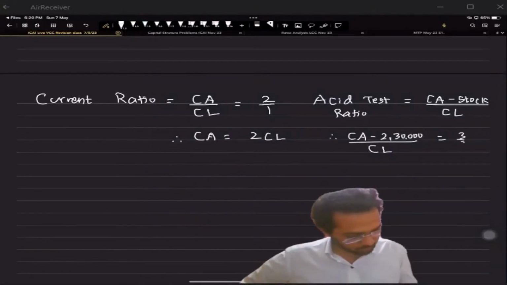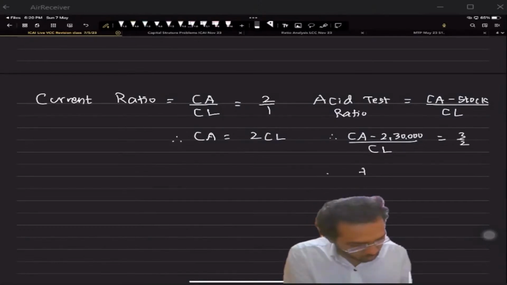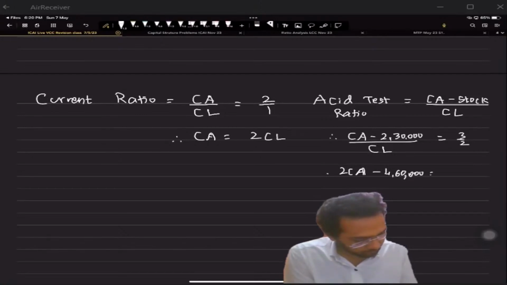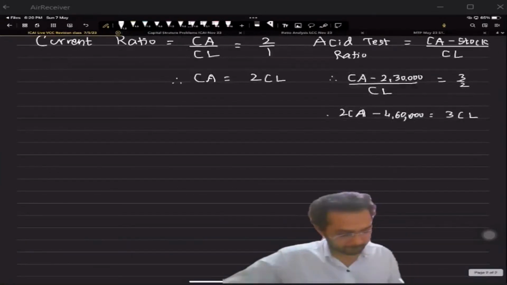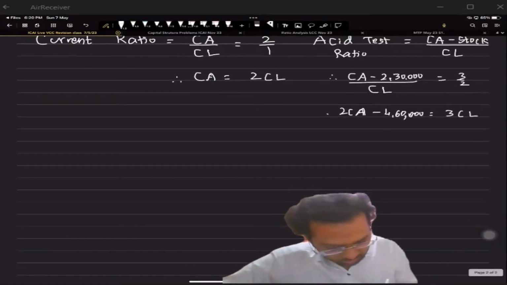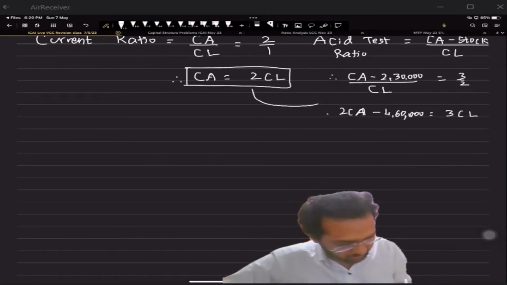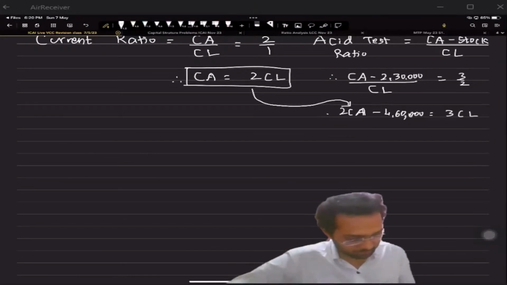3:2. Or we can say 2 current assets minus 4,60,000 is equal to 3 times of current liability. Correct? So I'll just substitute this current asset in this equation.